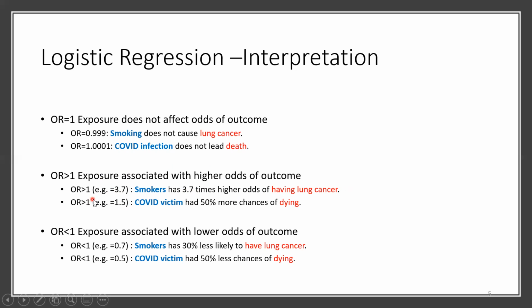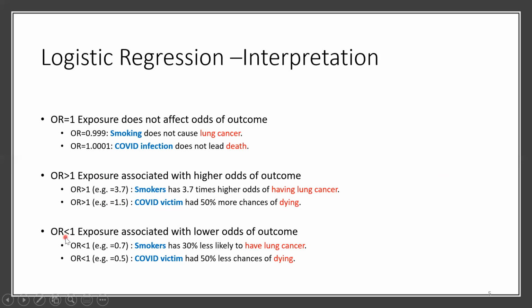Similarly, if the odds ratio is 1.5, between 1 and 2, the interpretation can be done in two ways. Either you can simply say COVID victims have 1.5 times more chances of dying as compared to non-COVID victims, or you can subtract 1 from the value and multiply by 100. So we say COVID victims had 50% more chances of dying as compared to non-COVID victims.